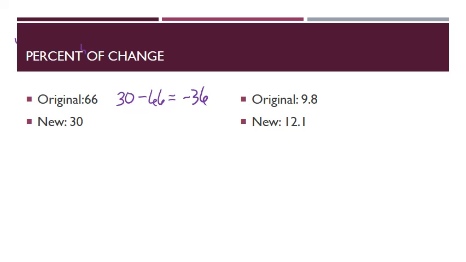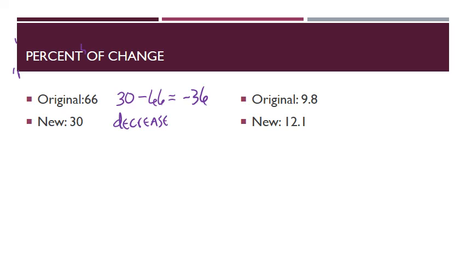And the fact that this is negative 36 tells me that this is going to be a percent of decrease, which makes sense. If I look at an original and now it's 30, well, I know it's gone down. So that's a percent of decrease.